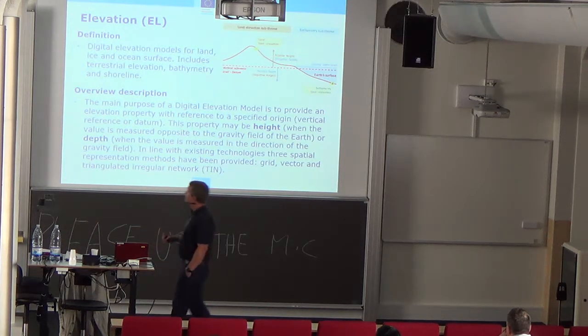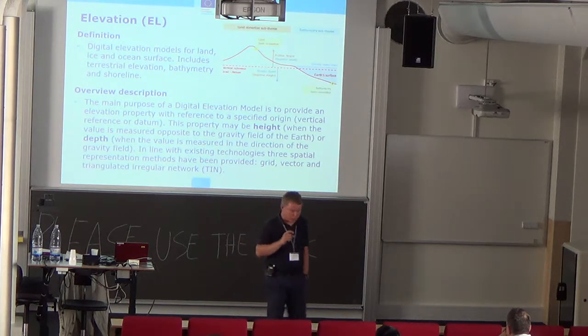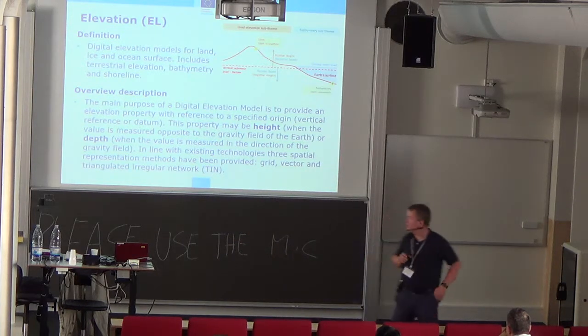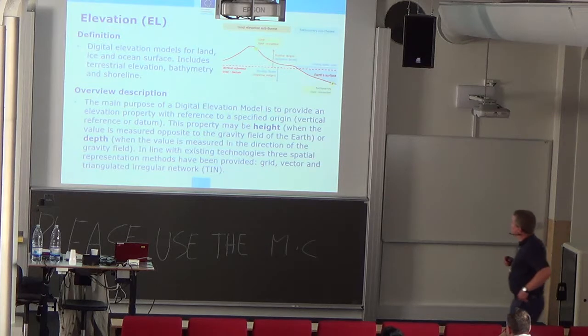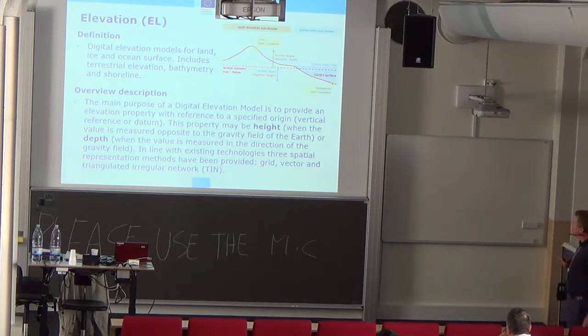Okay, elevation. It's also a very comprehensive data specification coming from Annex 2. The definition from the INSPIRE directive says that digital elevation models for land, ice and ocean surface include terrestrial elevation, bathymetry and shoreline.